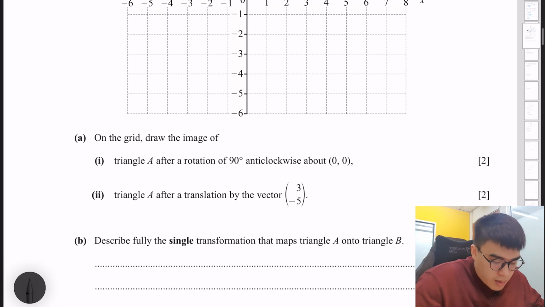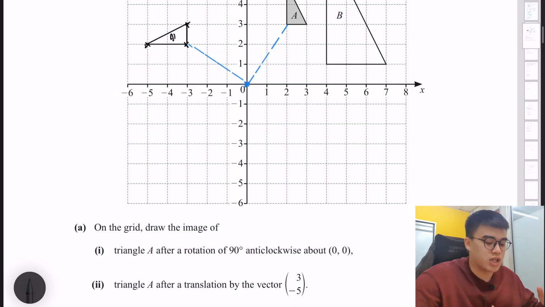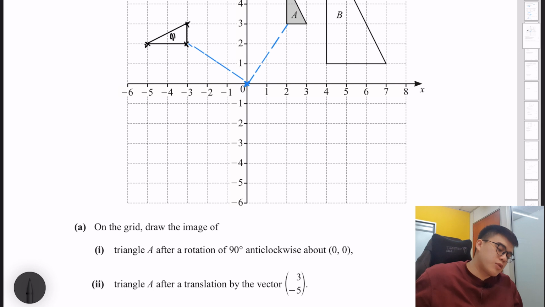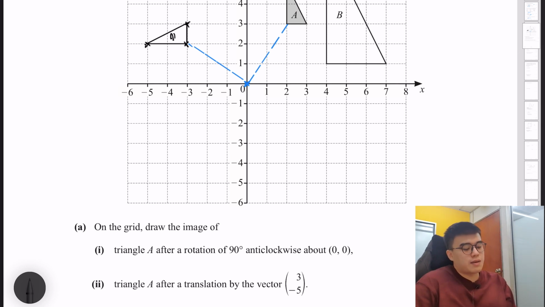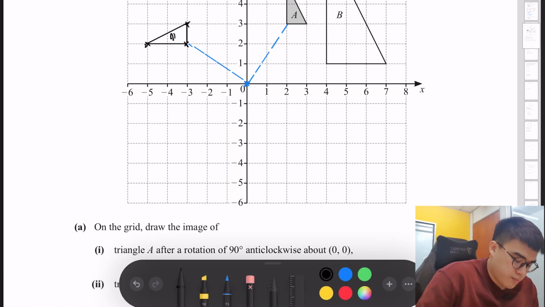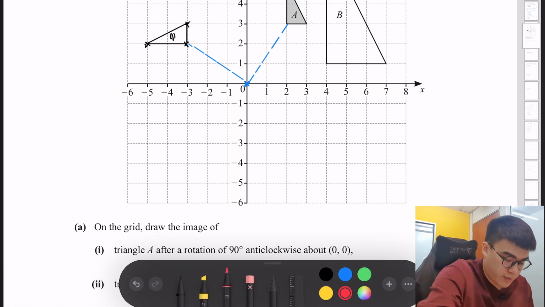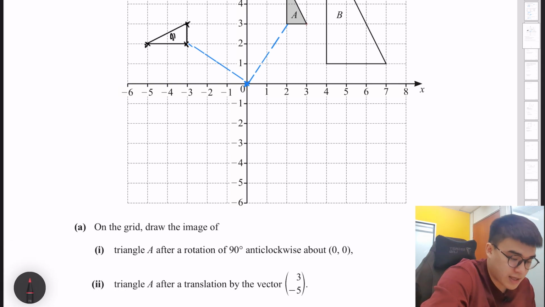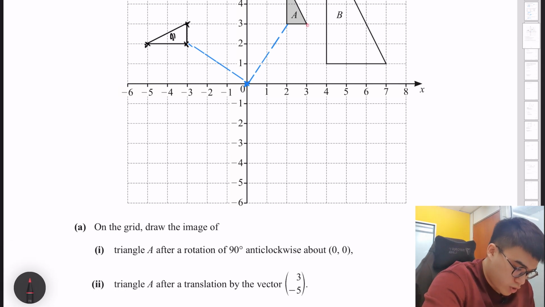Moving on, they wanted us to have a translation of 3, -5, which means I'm going to the right-hand side by 3, going downwards by 5. So to make it easier to see, I'm doing this for you over here. Let's say I selected this point, 3 steps, down by 5 steps.